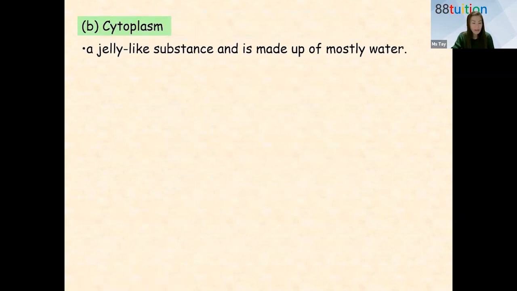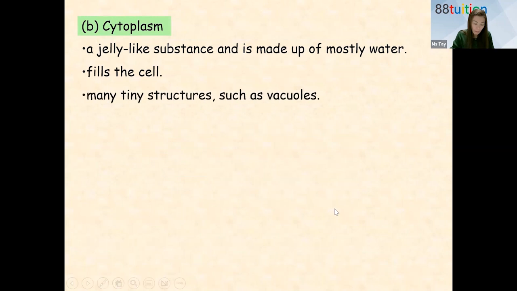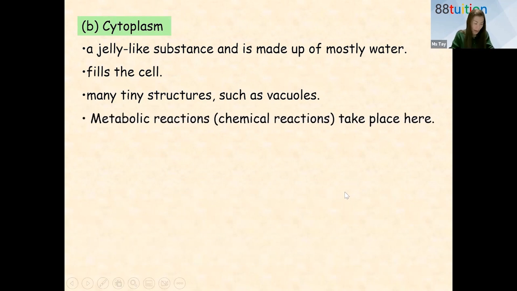Cytoplasm is actually a jelly-like substance made up of mostly water. It fills the cell. And then there are many tiny structures found there, such as the vacuoles. Then you have chemical reactions taking place there. Metabolic reactions or chemical reactions, everything takes place over there.